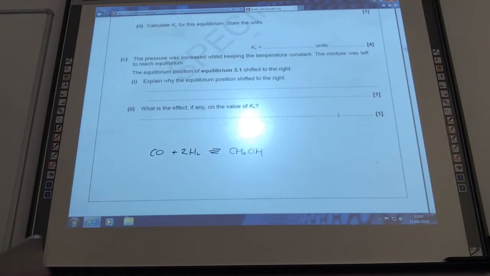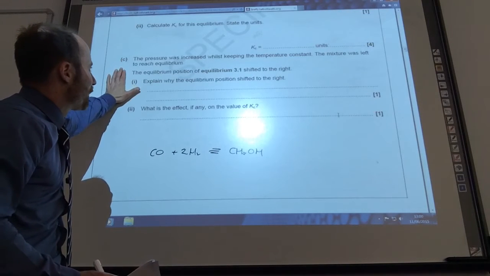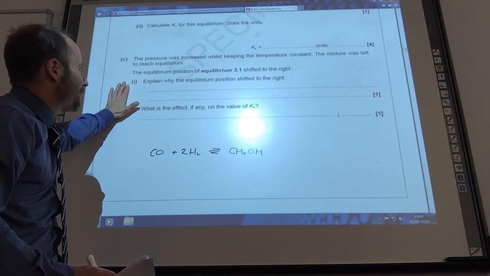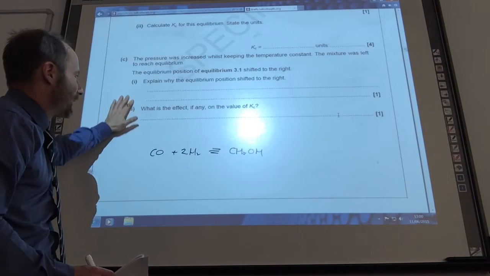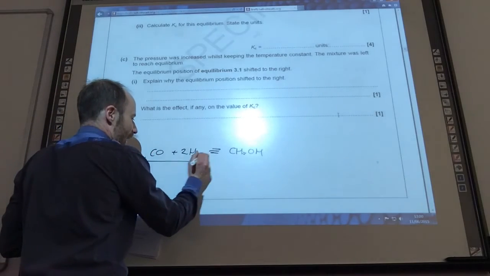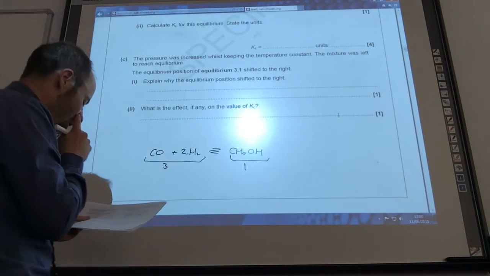Oh, right, so for this next one, I've just popped the equation up here. So the pressure was increased whilst keeping the temperature constant, and we left it to reach equilibrium, and the position shifted to the right. Why? Well, this side I have 3 moles of gas, but that side I've only got 1.